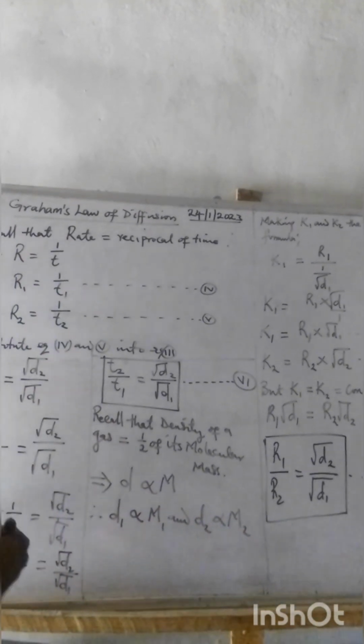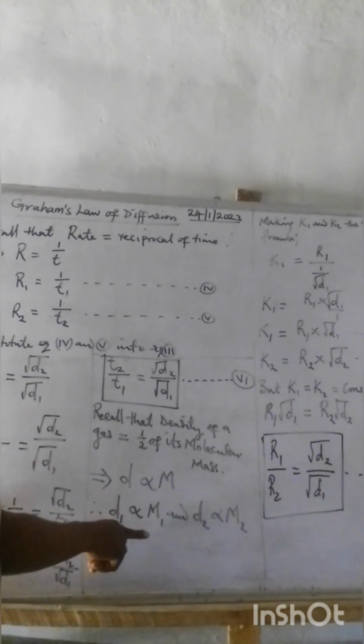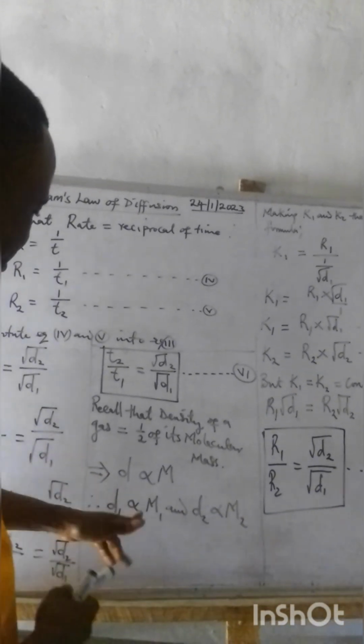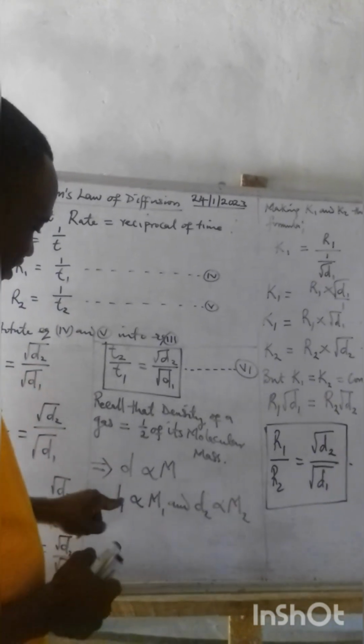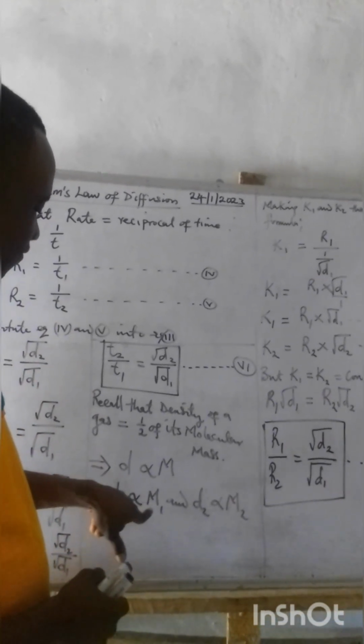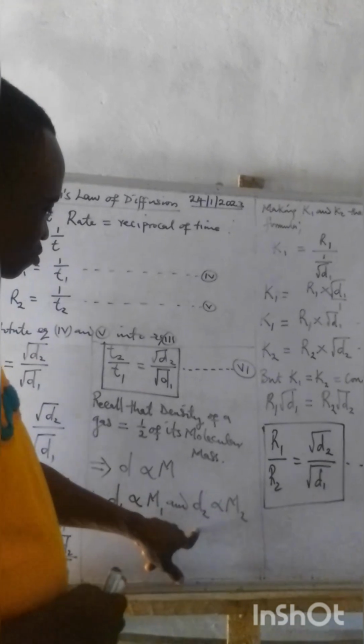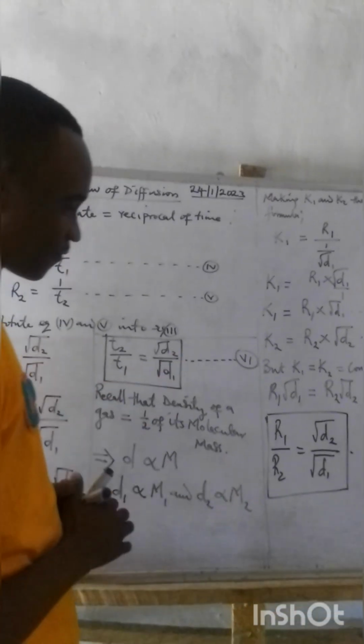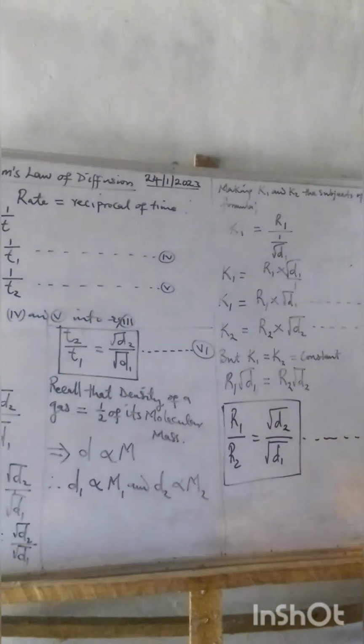Now, we can substitute D1 for M1 and D2 for M2 in equation 6. So let's go.